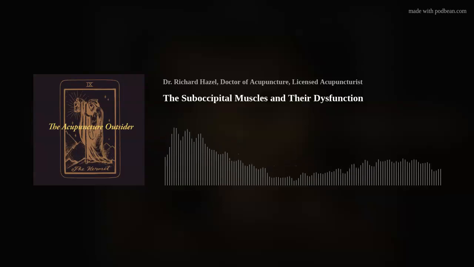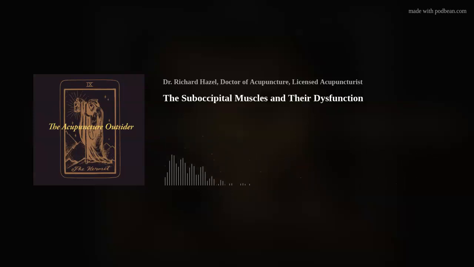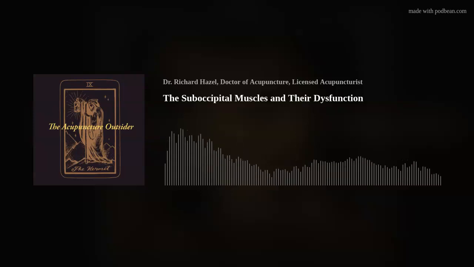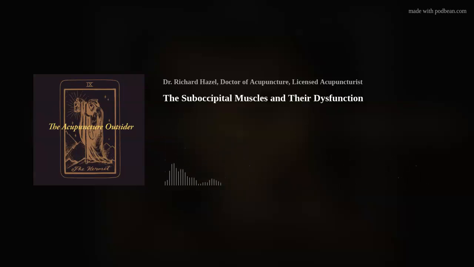Let's talk about the obliquus capitis superior. If you go to the mastoid, where the SCM attaches at the base of the skull, that's the mastoid process. And you want to come back from there.